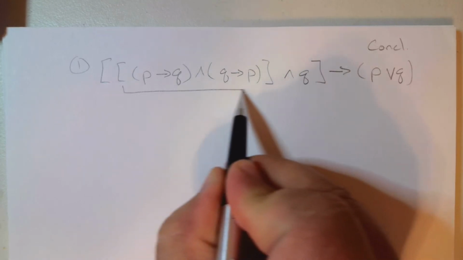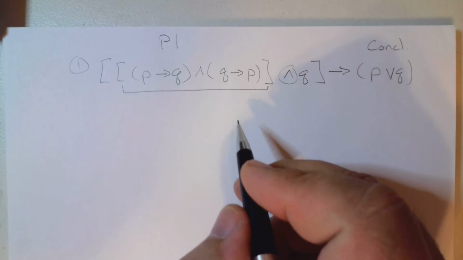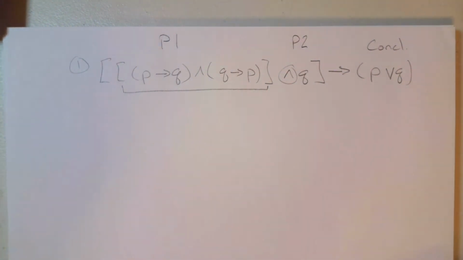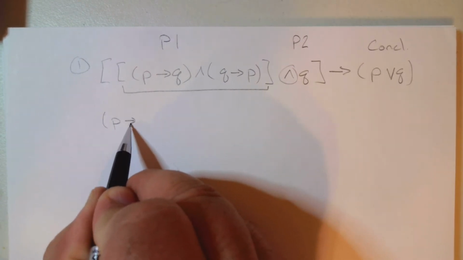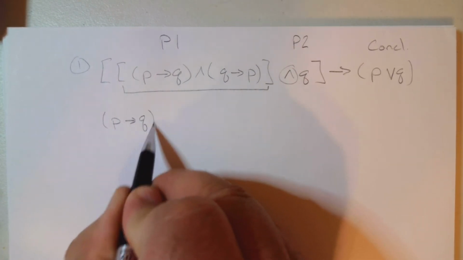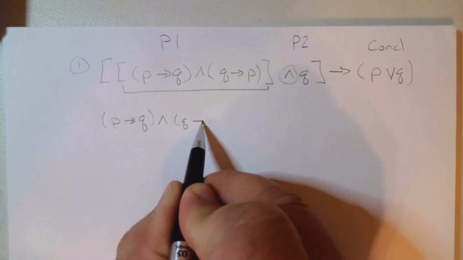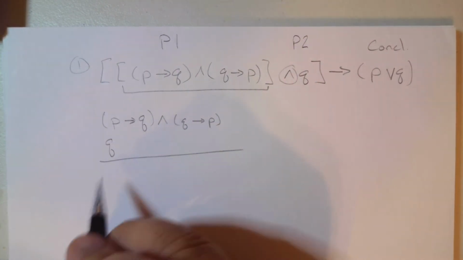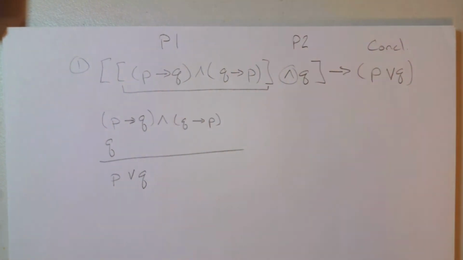This is inside the first parenthesis, so that's your premise 1 and your premise 2. So let's look at both of these. That's why it says if P, then Q, and if Q, then P, and Q, then P or Q. That's what it's saying.